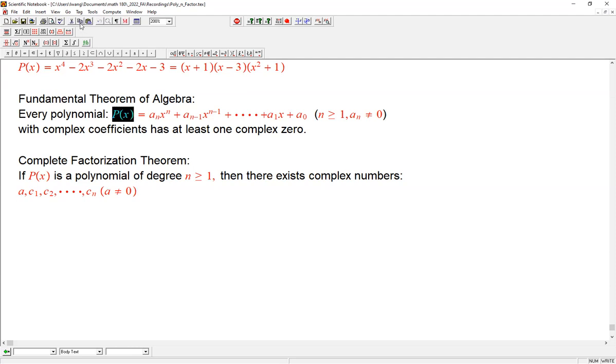And we will be able to rewrite this polynomial as follows: a times (x minus c sub 1), so one factor, another factor (x minus c sub 2), all the way to (x minus c sub n).